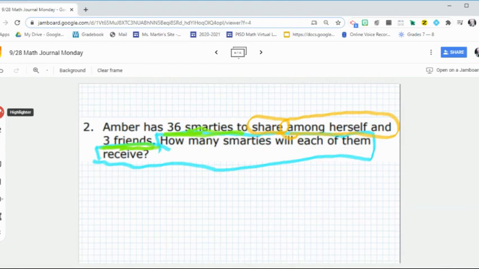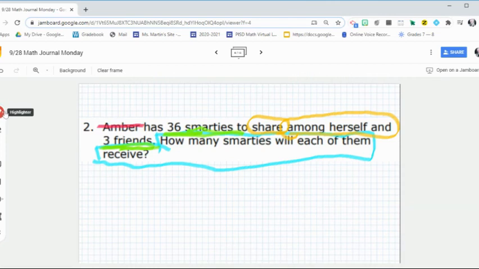But there are a few things that we don't need to solve this problem. We don't need to know that it was Amber with 36 Smarties. It's a fun detail. I would like to know who wants to share Smarties because I would like some Smarties as well. But we don't need that to answer the question, how many Smarties will each of them receive? So that is our annotation.